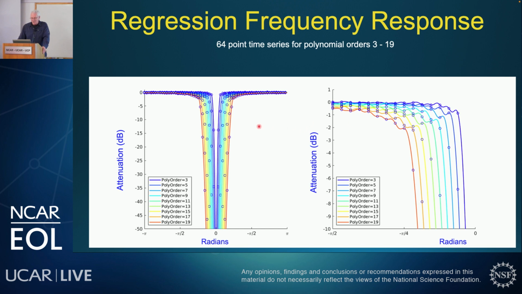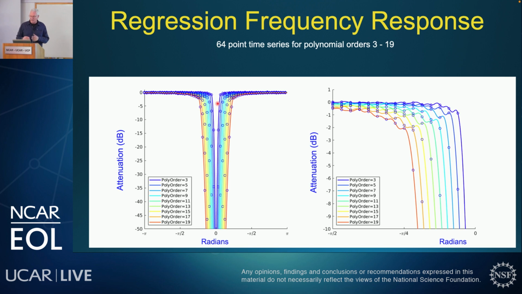The low orders are blue, and as you increase, you go out to red. As you increase your order, you get nice little increments in its ability to filter out the signal. So this is the way you control the bandwidth of your signal.